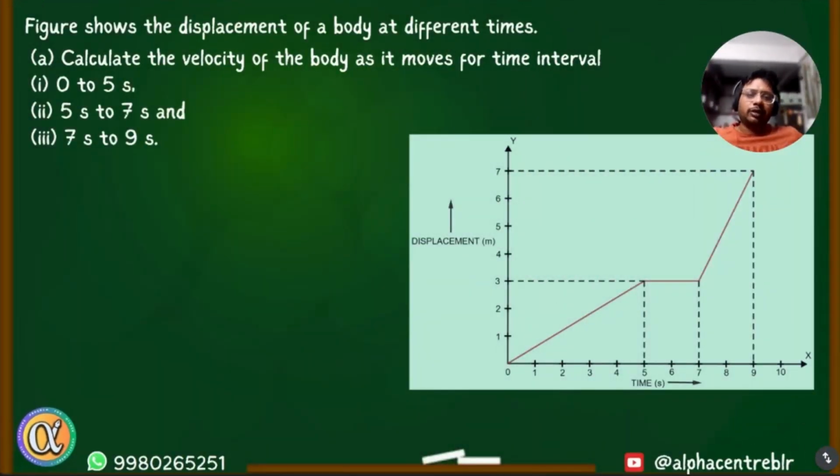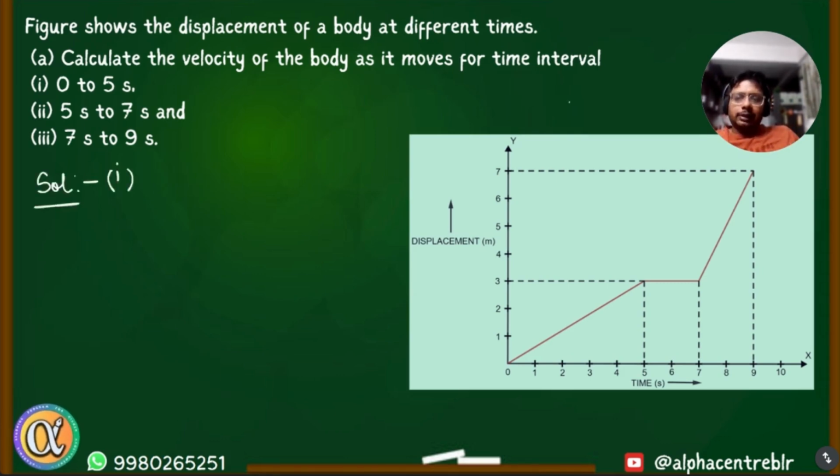Can you quickly tell me this one if you're confident? Okay, this is easy. This I think you can just tell me orally. Here we have a displacement-time graph. What is velocity of the body as per how it moves in 0 to 5 second, 5 to 7 seconds, and 7 to 9 seconds?